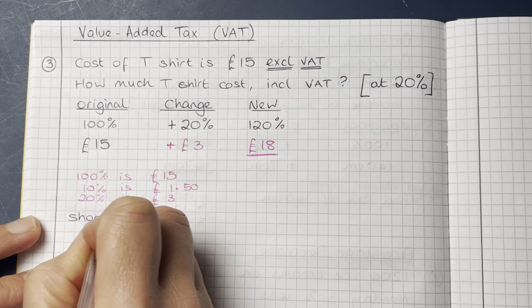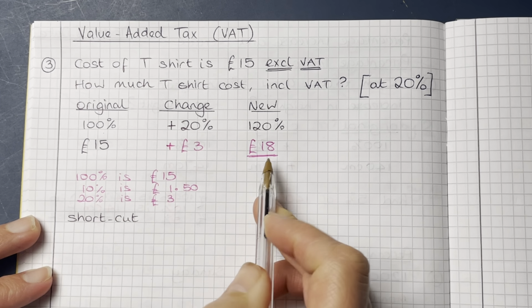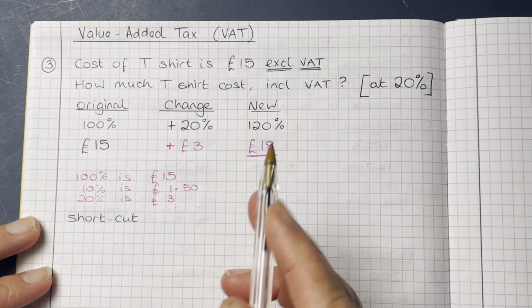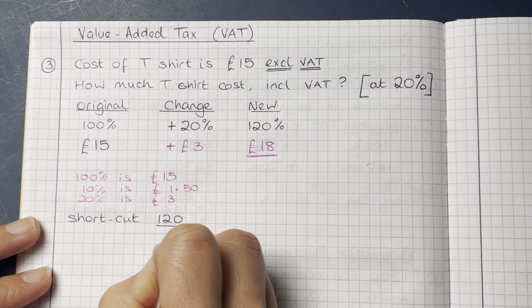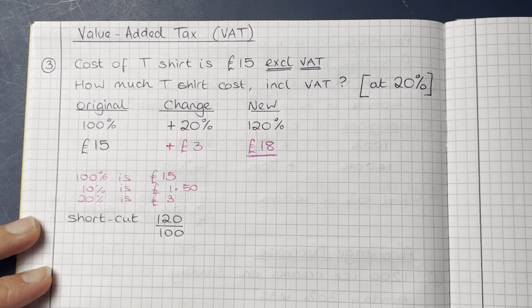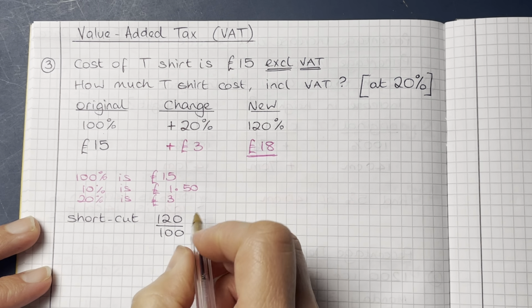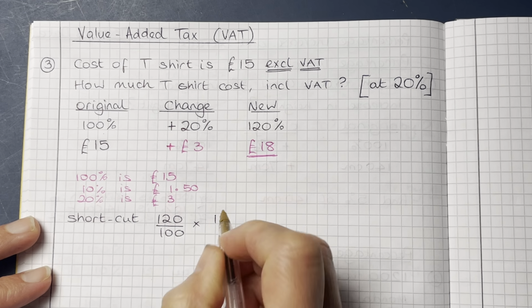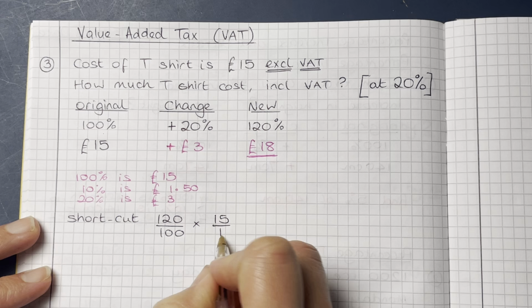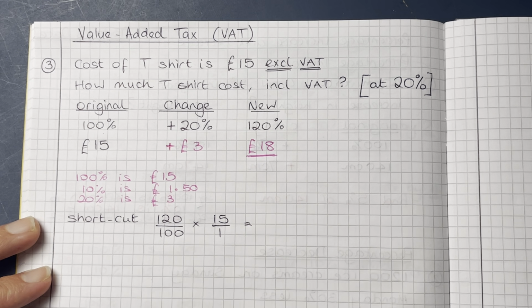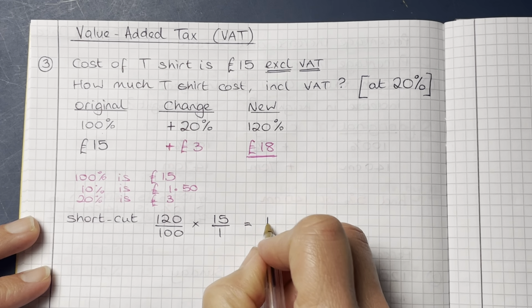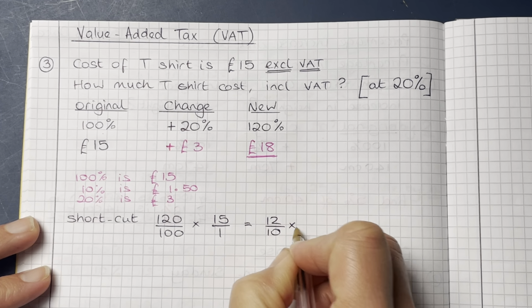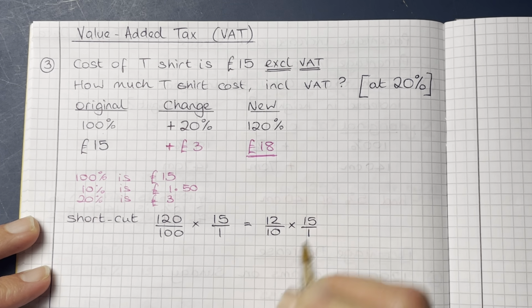So the shortcut we can do, if we just asked what the new price is, we can say that it's 120%, so 120 over 100 multiplied by the original price, which is £15. Now I might do a little bit of simplifying here. So let's write that as 12 over 10 multiplied by 15 over 1.